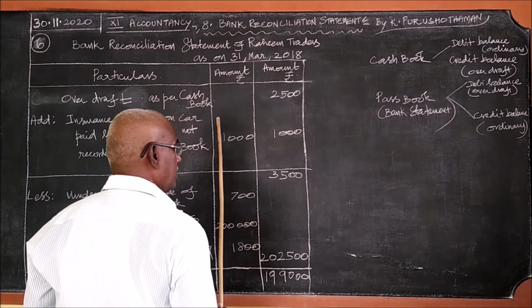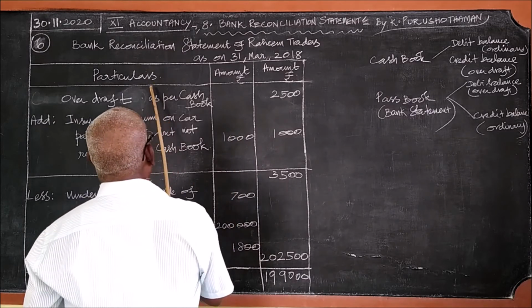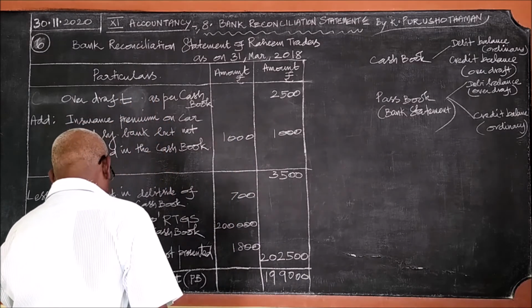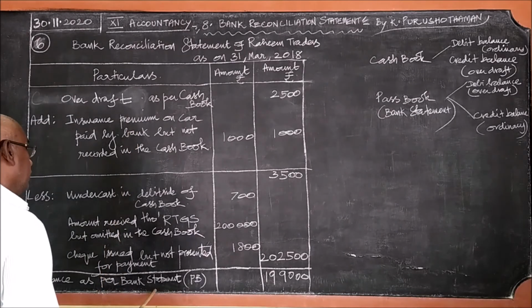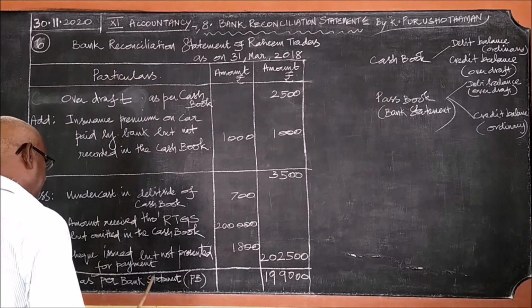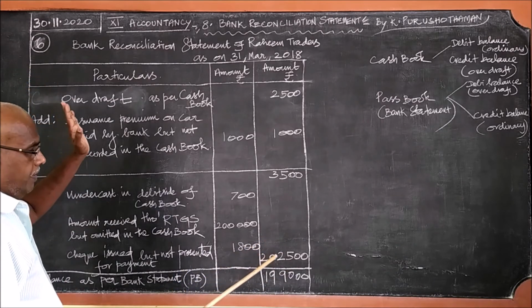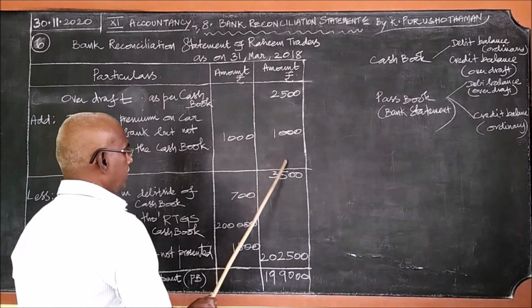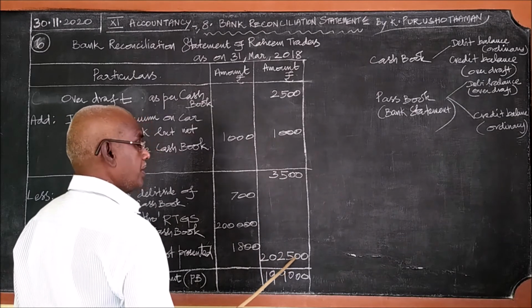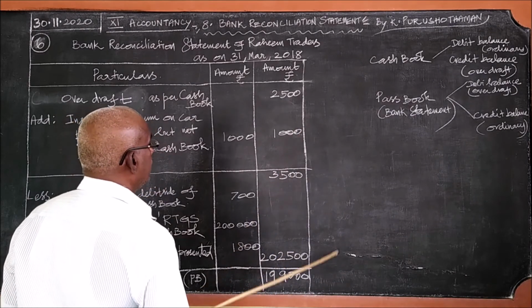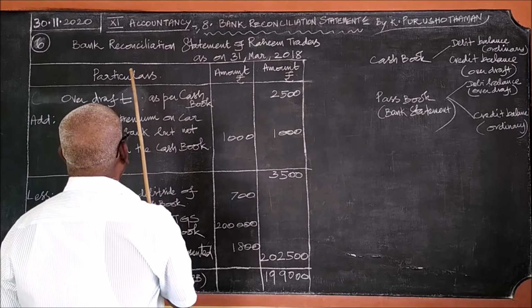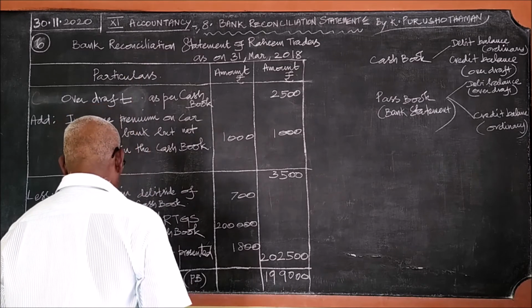So we cannot write overdraft to overdraft. If we start with overdraft we must end with overdraft; if ordinary balance, then ordinary balance. But in this problem, we have to minus from the bottom to the top. So the same overdraft will not continue here.